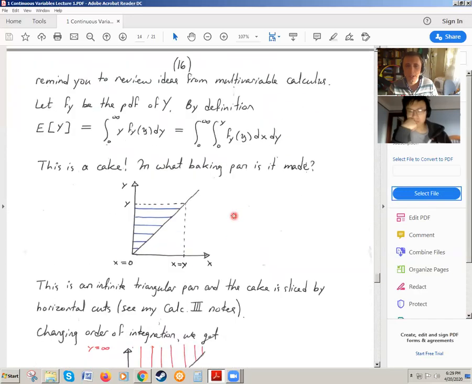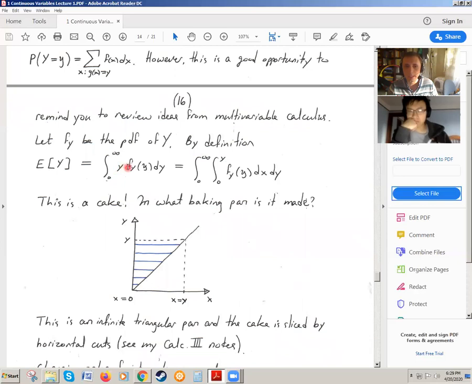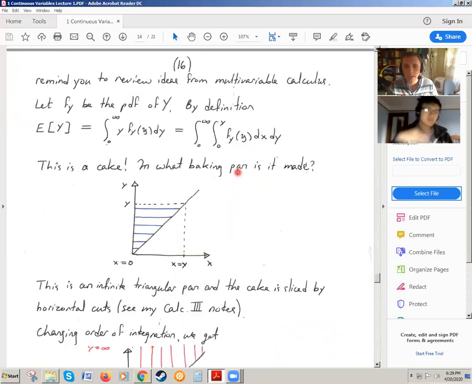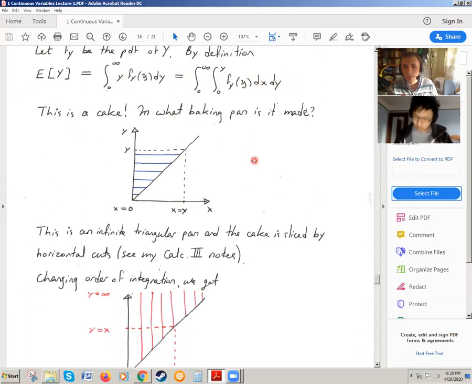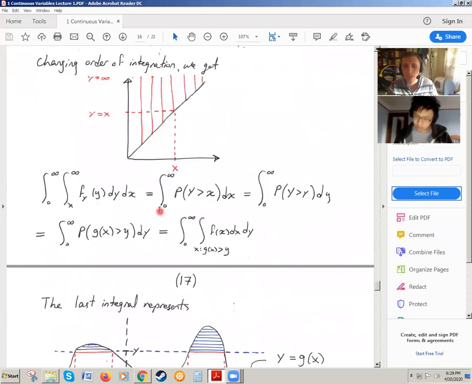So by change of variables, you see here is the expected value. By change of variables, I can see here is the expected value for y. I do this, and by changing the order of integration, I end up integrating from 0 to infinity the probability y is bigger than x, which is the same as the probability y is bigger than y.